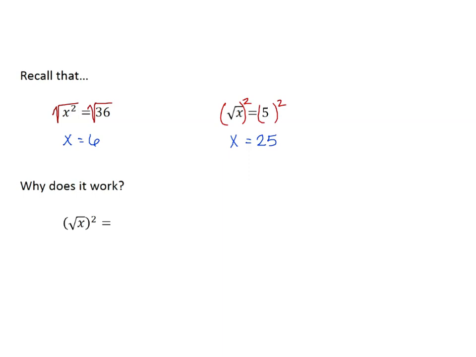So now let's take a closer look at exactly why this works. If I'm squaring the square root of x, that means I'm multiplying the square root of x by itself. And as we learned in the previous lessons in Module 2, in this area with radicals, when we multiply a radical by another radical, we can write it as the radical of their product.